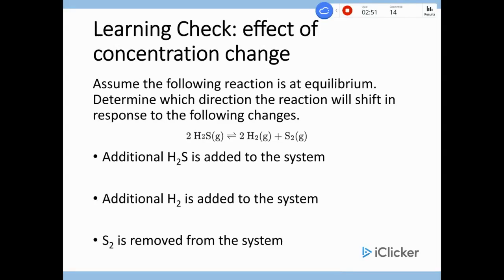Next one is shift to. And this one would be. Wait, hold on.